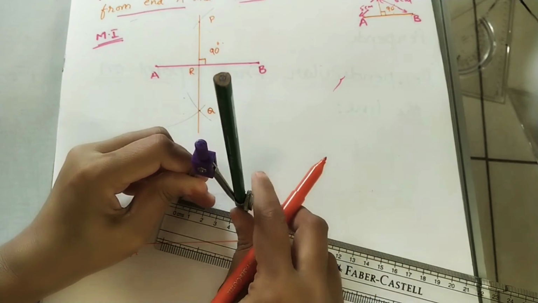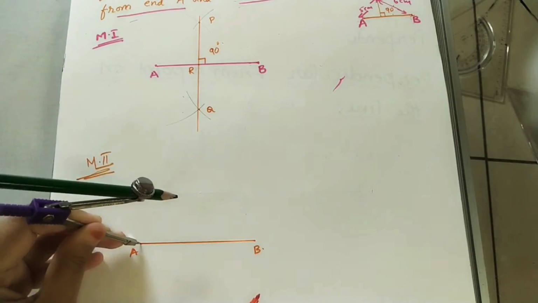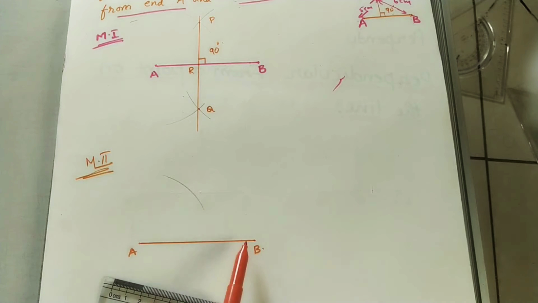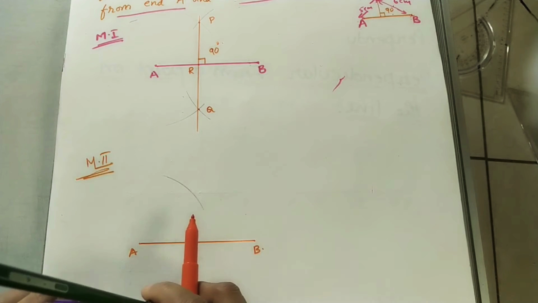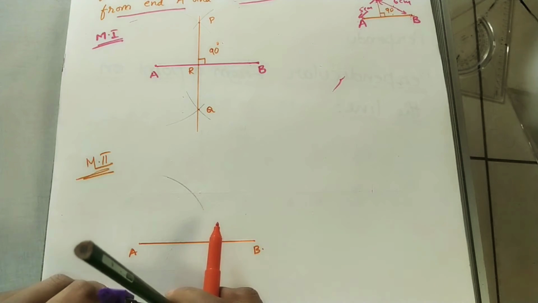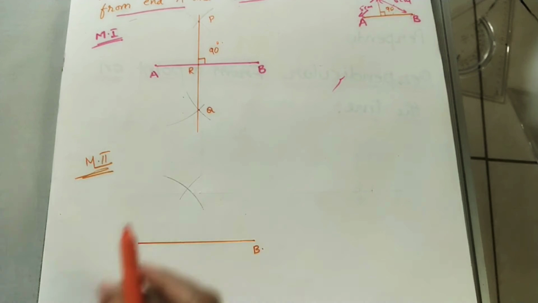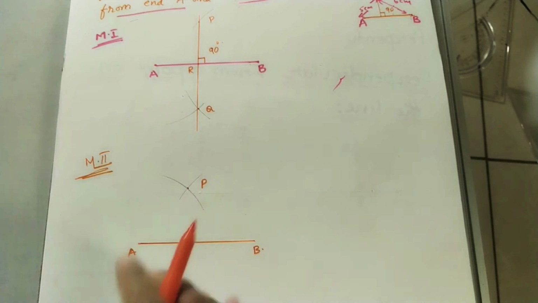Always use the compass for marking the points. Do an arc. From B it is 6 centimeters, as given in the question. From B do an arc. We will get one intersection point. This point is P. From P we have to draw the perpendicular.